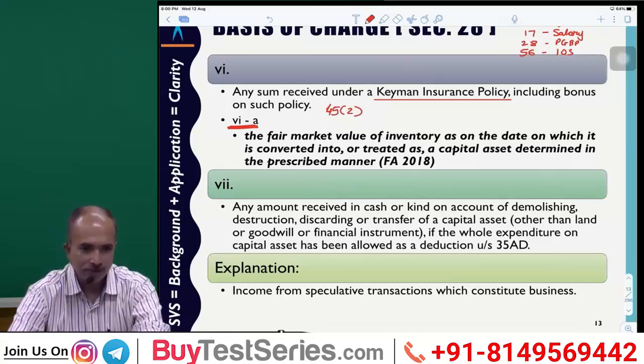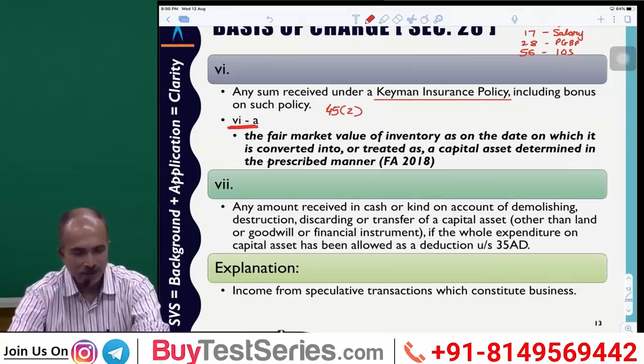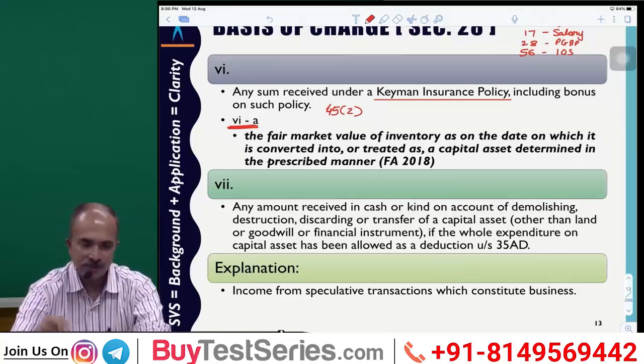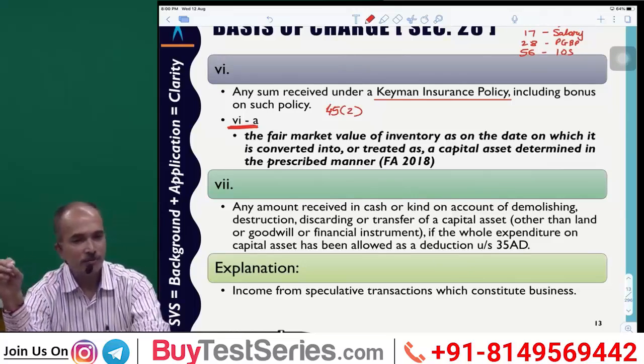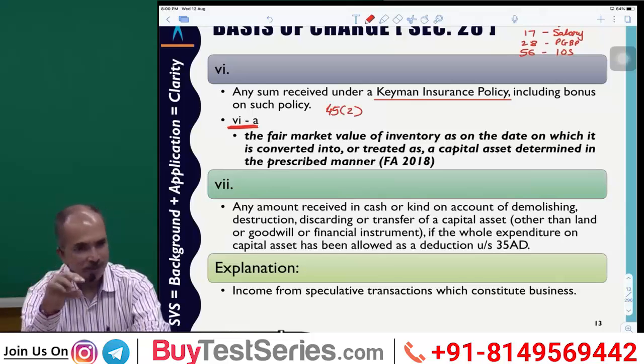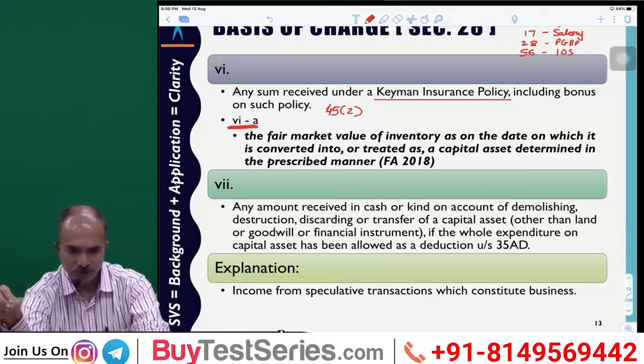Which head is 45.2? Capital gains. In capital gains there is a provision, 45.2, which says if you convert a capital asset into stock in trade, then there is a deemed transfer and we will compute your capital gain assuming fair market value on the date of conversion as full value of consideration.